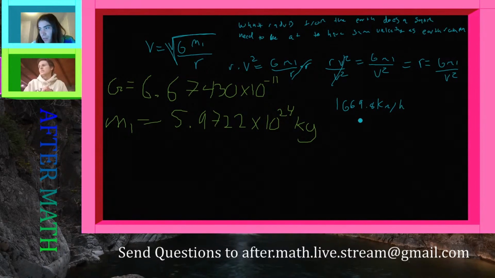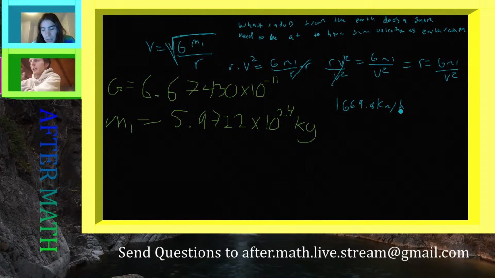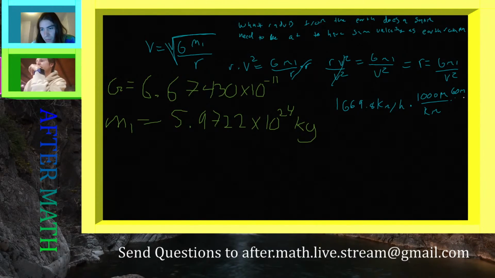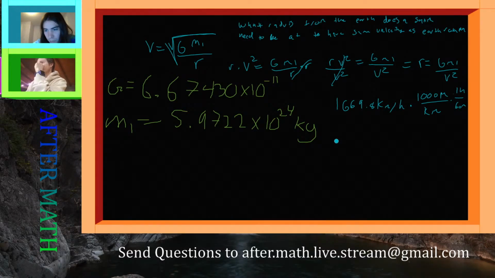So we've got to do some quick math here and switch it into meters per second. This is going to be times 1,000 meters over 1 km, and then times 1 hour over 60 minutes.